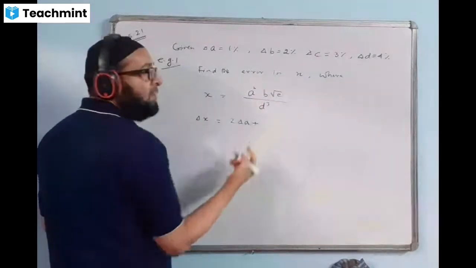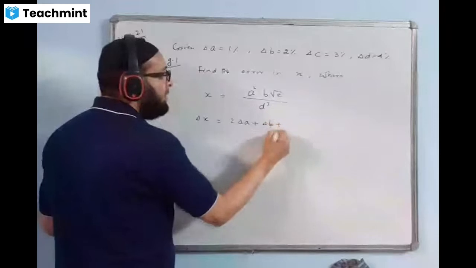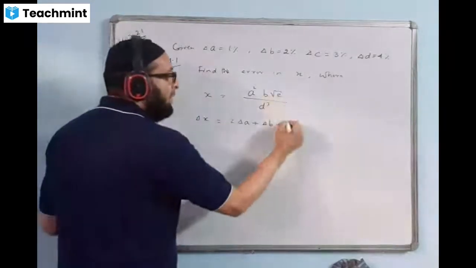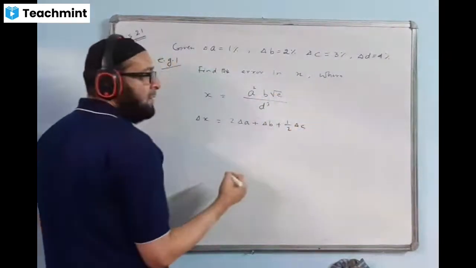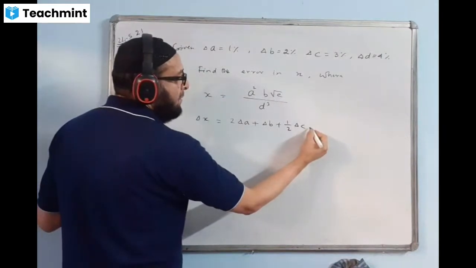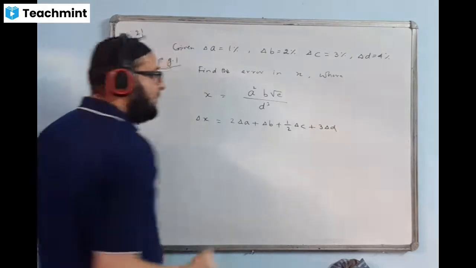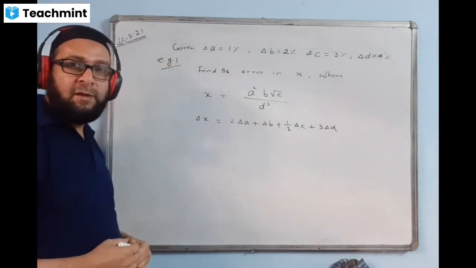Power of B is 1 only, no? Why should I write 2 delta B? Only delta B. Plus what should I write? Tell me next. Root means half power, no? Half delta C. Then what should I write? Tell me the sign. Plus 3 delta D. Very good. Very good. Please share like this only. So it will be like live class only, like your all offline class.